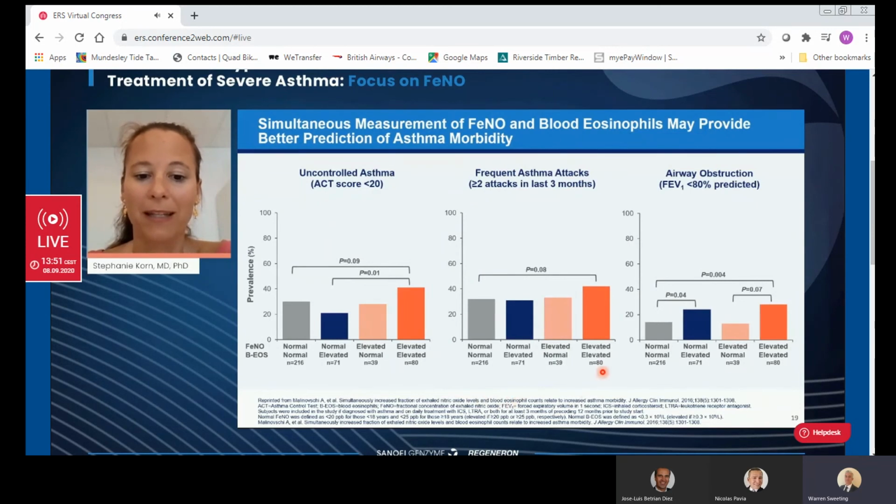So in my opinion, even from a clinical point of view, I'm very happy to use both of these parameters to get a better feeling for our patients. And I think Dr. Chuck will go in more detail in the next slide to demonstrate how we can use FeNO in a clinical setting.